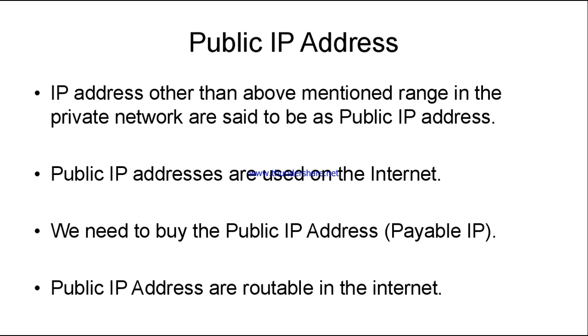But for public IP addresses, each domain or each connectivity or each internet user will have a separate public IP address, so they need to get it from a concerned ISP. So each public IP address is payable. These are the public IP addresses, the IP addresses that can be routable over the internet, whereas private and APIPA cannot be routed over the internet.